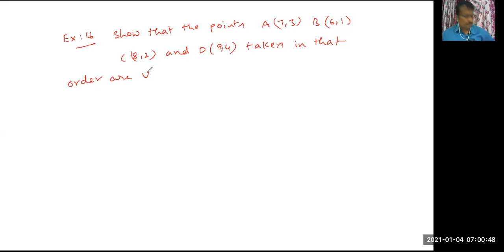అనుష టెక్స్ట్ బుక్ ఇచ్చేసింది కాబట్టి మనం ఈ ప్రాబ్లమ్స్ కూడా చెప్తున్నాం. వర్టిసెస్ ఆఫ్ ఏ parallelogram. Okay, so here parallelogram. A parallelogram has 4 sides, opposite sides are equal and opposite angles are also equal.